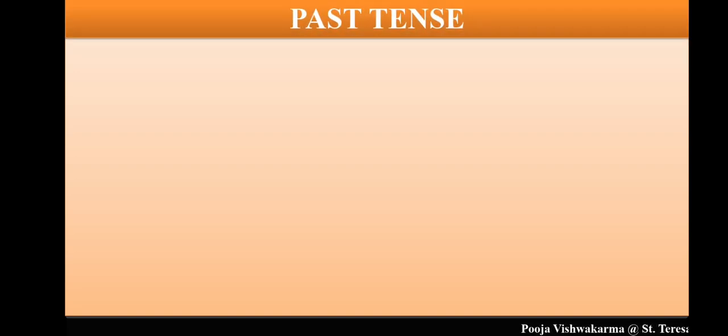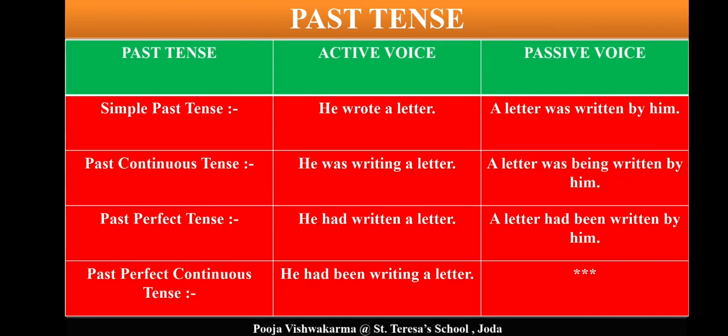In the similar manner, we will be moving on with the past tense. Clear? In the past tense also, we will be making the similar changes, but here what are we going to do? Instead of is or are, we are going to use was, were, had. These kinds of things will be used in these kinds of sentences. You can take the screenshot and you can write it in your copy.